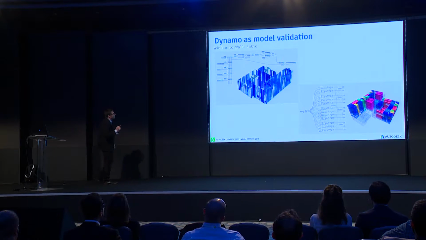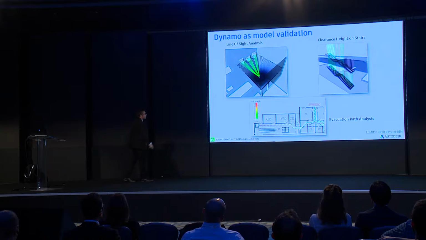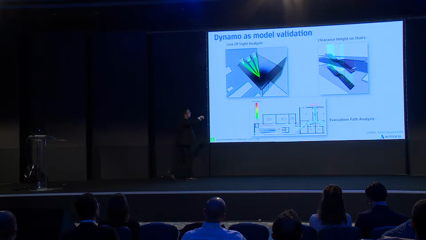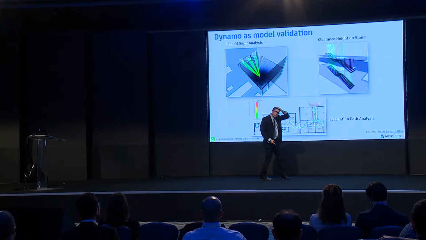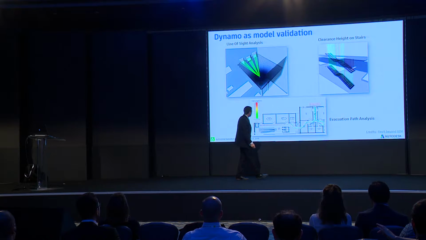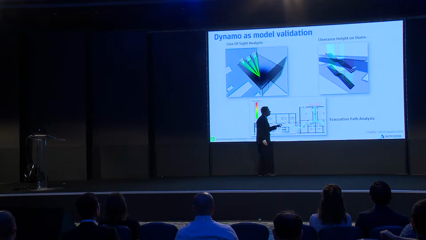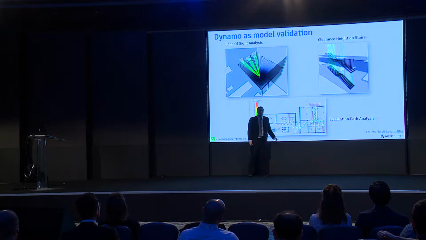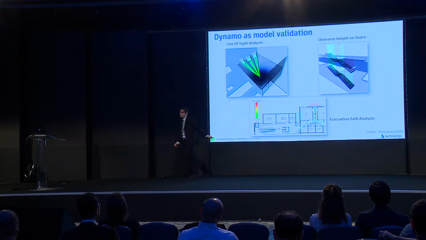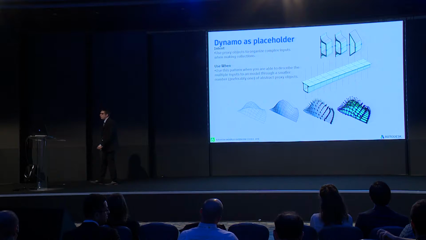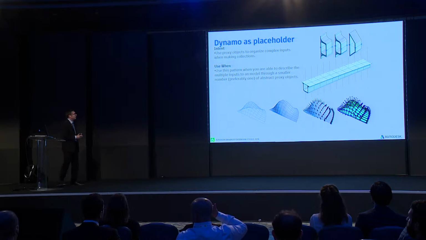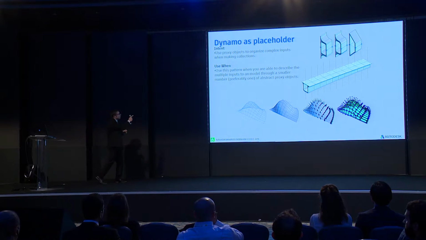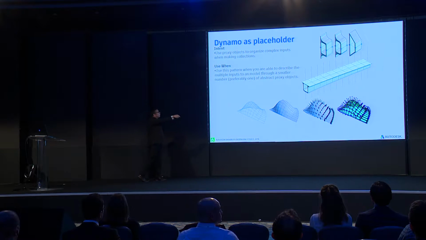With Dynamo, you can do some validation. For instance, here you can display the clearance between stairs and floor. Red lines, I mean you crush your head. And here you've got, for instance, the evacuation path analysis. And it's not so hard to do that. Of course, you can create some objects and connect them to create, for instance, this bridge or this strange shape.